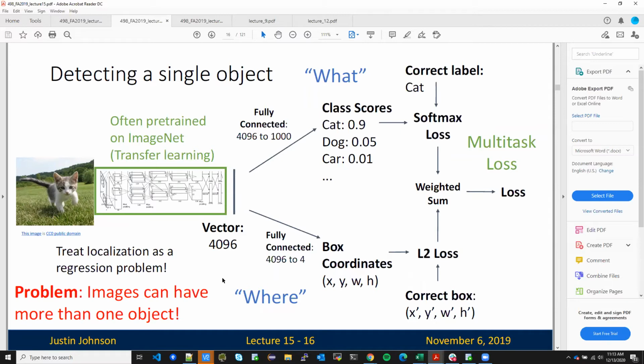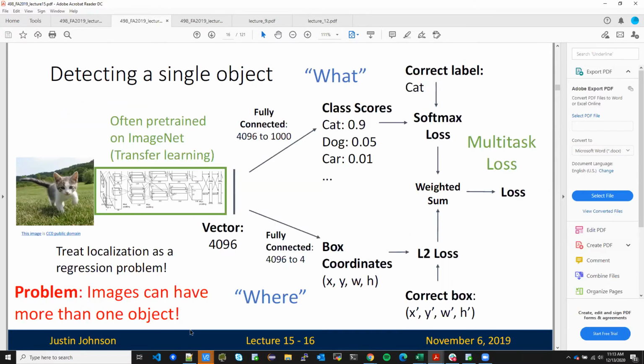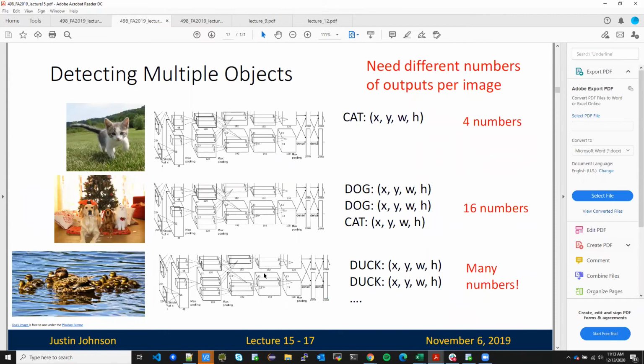This is a toy example with a single object, but in real life you could have multiple objects. If you try to extend this approach to multiple objects, you run into the problem that, say you have three objects, you have to predict 12 numbers.